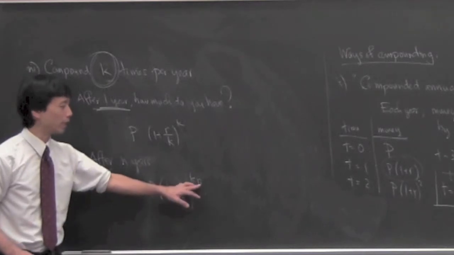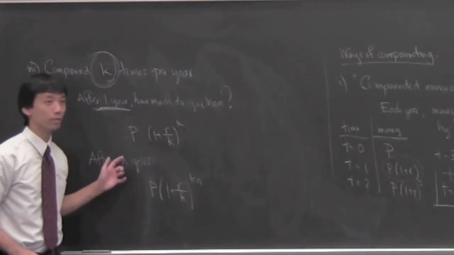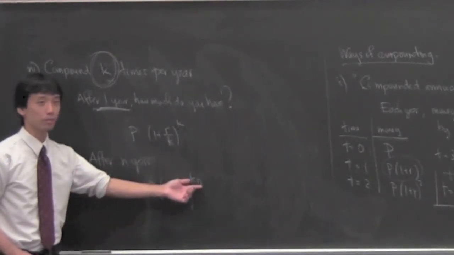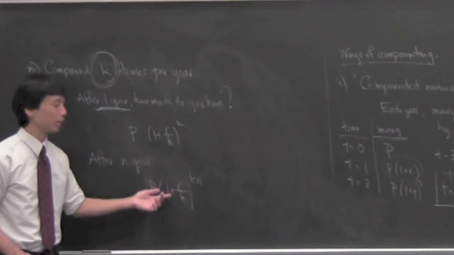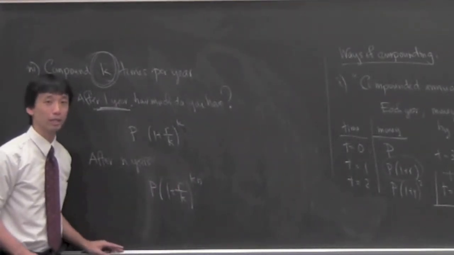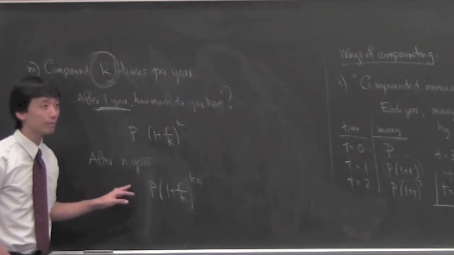There'll be nk periods in those n years: k periods per year and n years. You apply this interest nk times. Is this clear to people? Anyone have any questions?